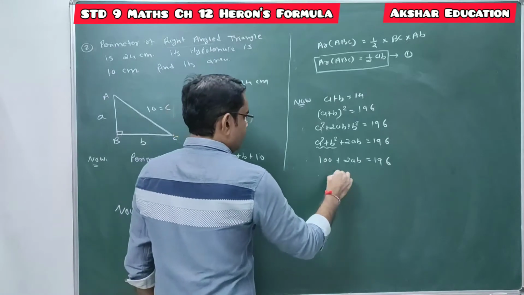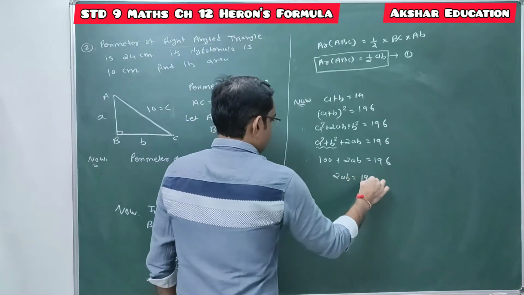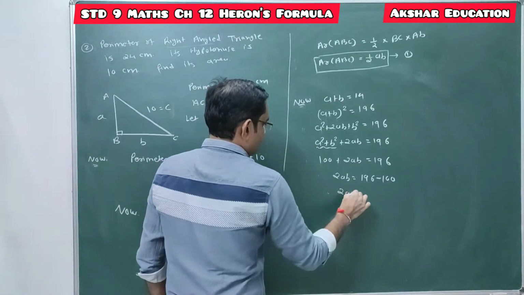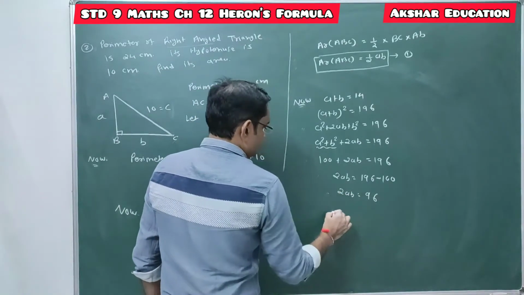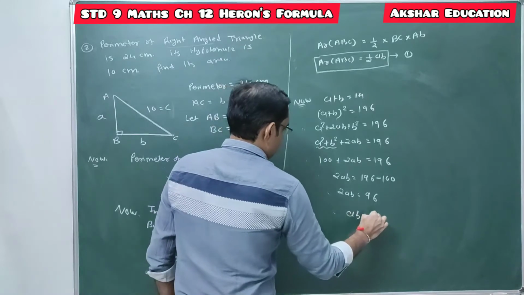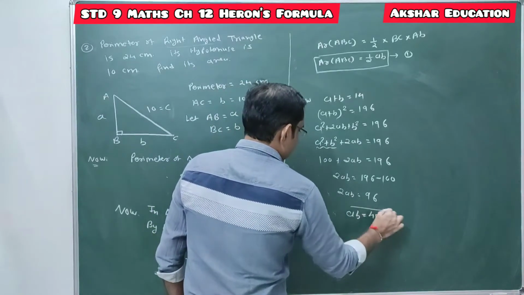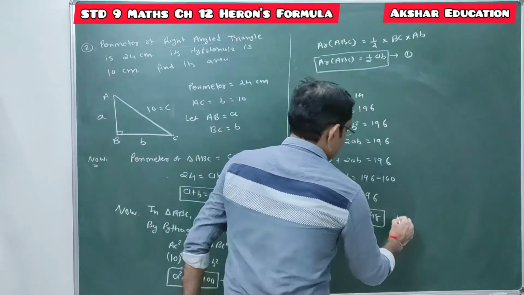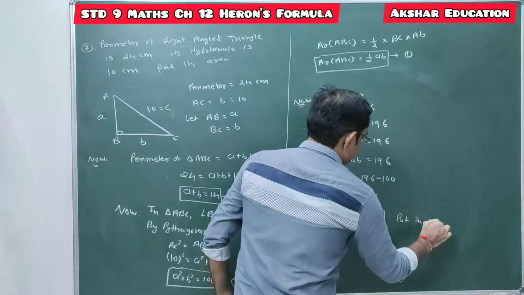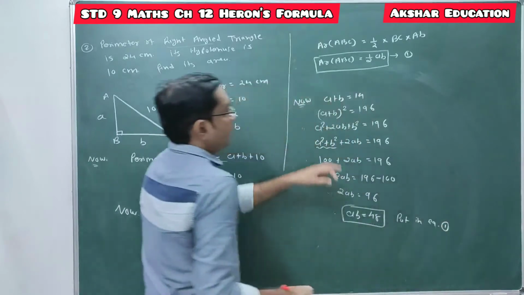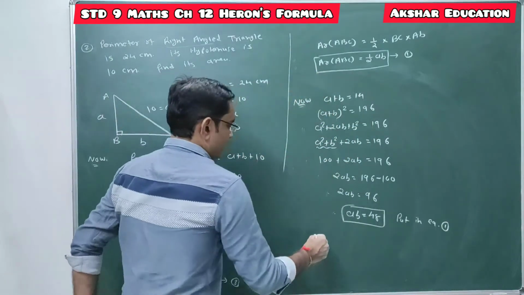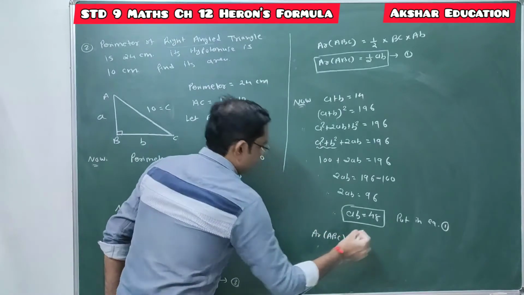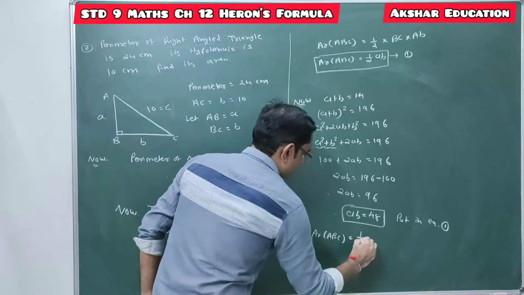So from this we can get 2AB, which is 196 minus 100. So we are getting 2AB equal to 96, and value of AB equal to 96 by 2, which is equal to 48. Now put this value of AB in equation 1. Equation 1 will give us area of triangle ABC, and that is equal to 1 by 2 into AB.